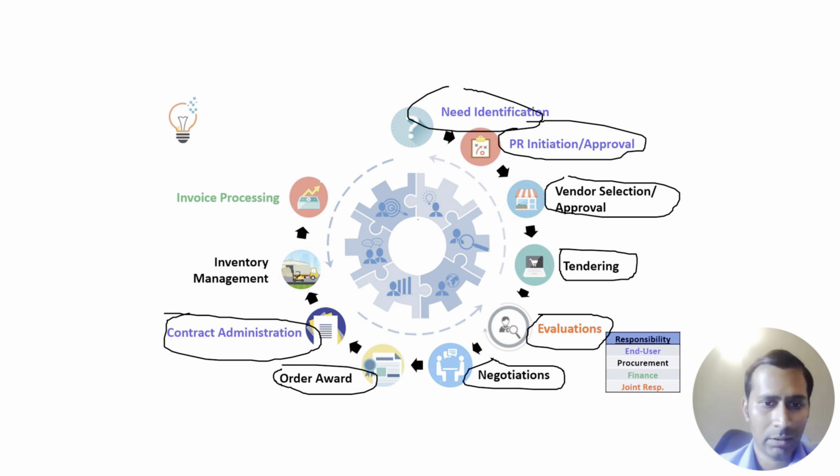The supplier then delivers the item at the given delivery address, which could be head office, plant, or some field location. And once the item has been delivered, the inventory management process kicks off. In this process, a representative of the end user goes through the item that has been delivered and confirms that it is in sync with what was mentioned in the quotation and the purchase order.